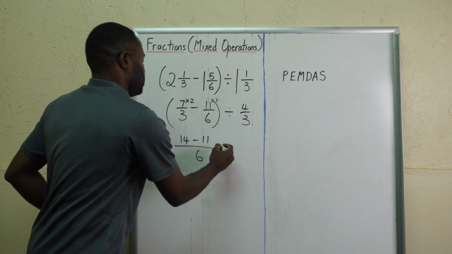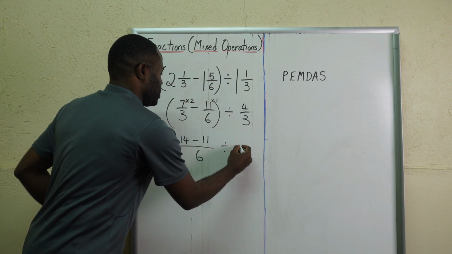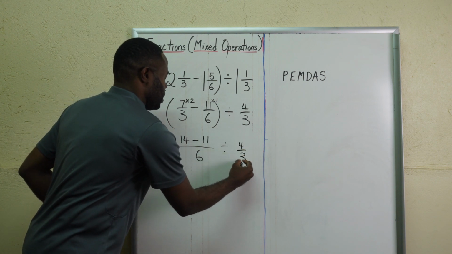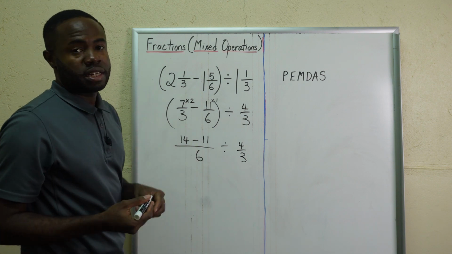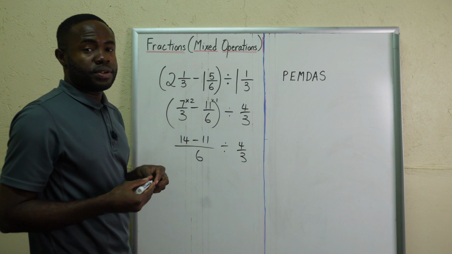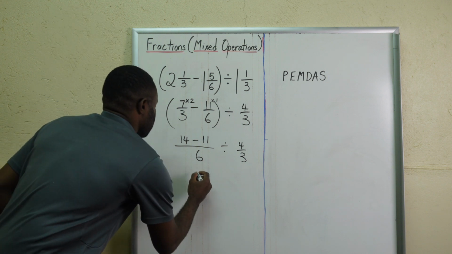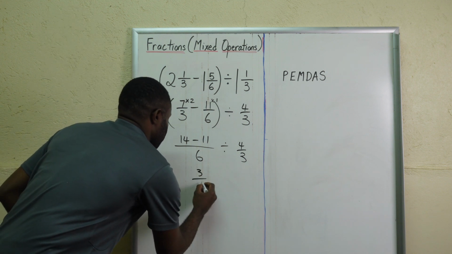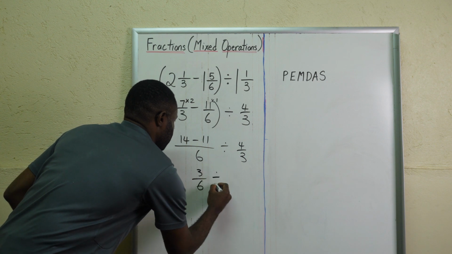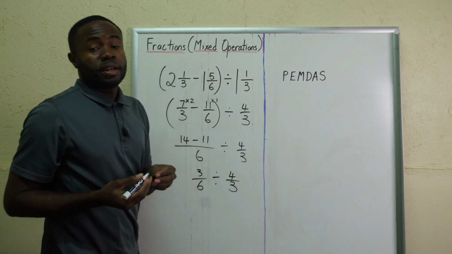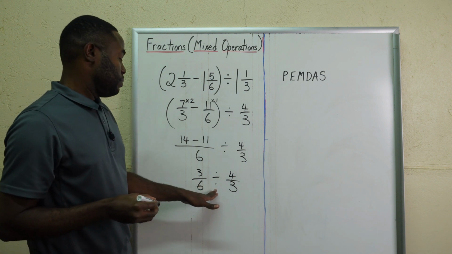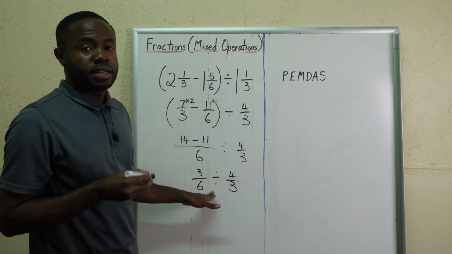All right. So we can put that in parentheses if we want, or we can leave it as is. For now, we can leave it as is because we can simplify this easily. So it's 14 minus 11, and then that will give us 3, and we put 3 over 6 divided by 4 over 3. Now the problem is just down to one operation, which is division.